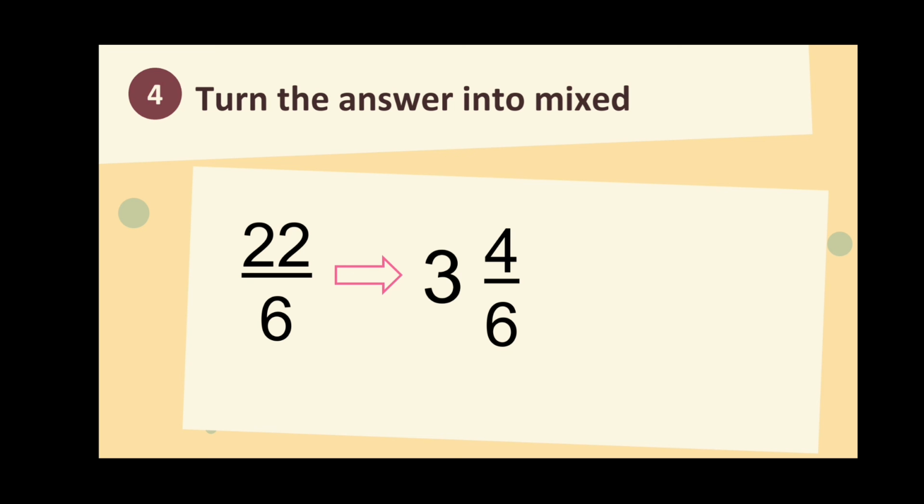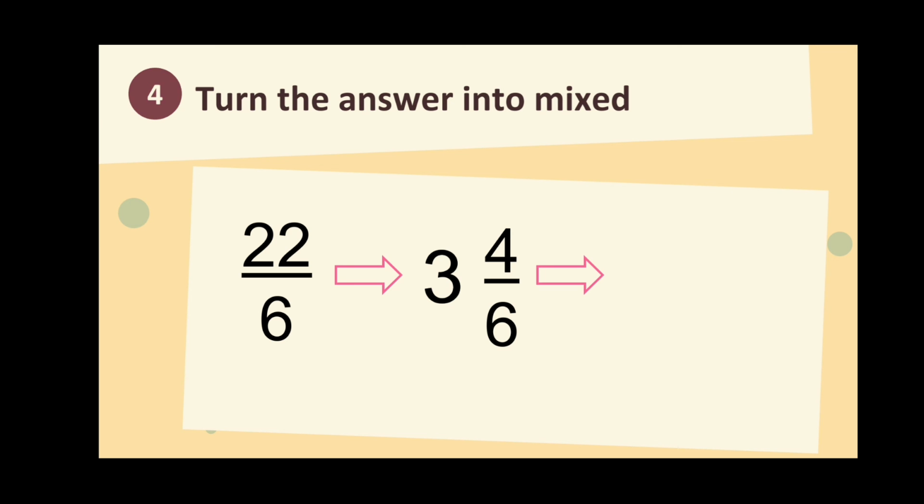Now, ang 3 and 4 over 6 ba ay naka-lowest term na? Hindi pa. Dahil ang fractional part nito na 4 over 6 ay pwede pa nating i-reduce. So, ano ang greatest common factor ng 4 and 6? Okay, so it's 2. Very good. So, therefore, i-reduce pa natin siya.